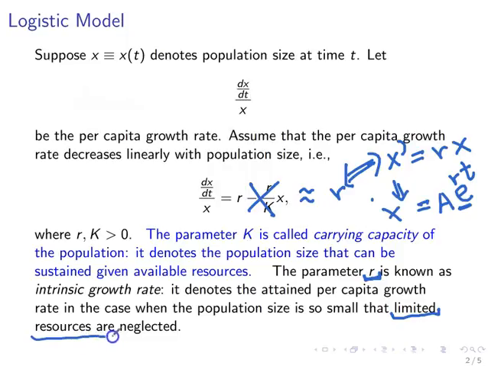So this means that if the population size is so small, then there's actually not an issue of having some kind of restriction or constraints. And for small sizes of the population, things have a tendency to behave pretty much like an exponentially growing population, where resources are found at large, and the population sustains that exponentially growing pattern.